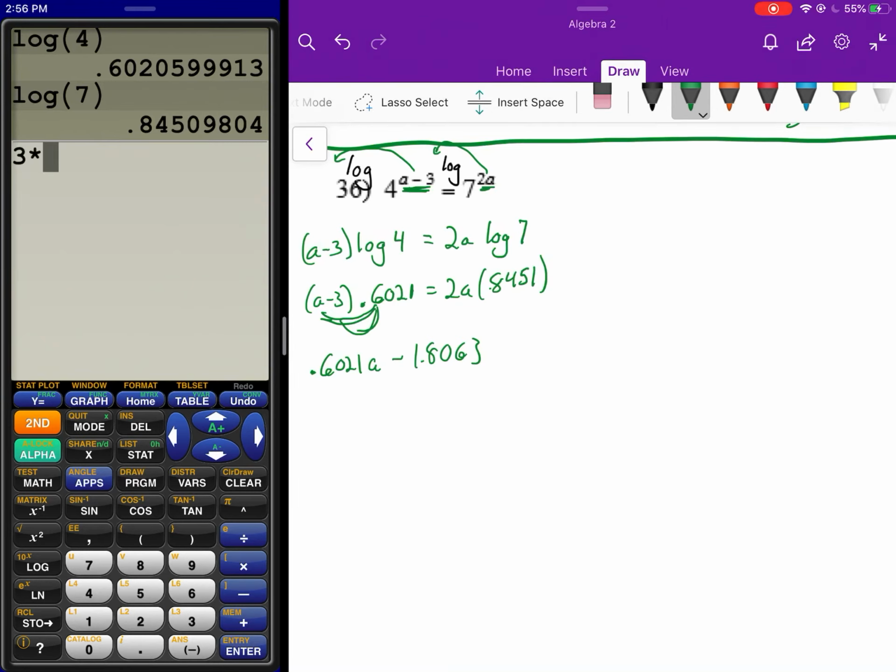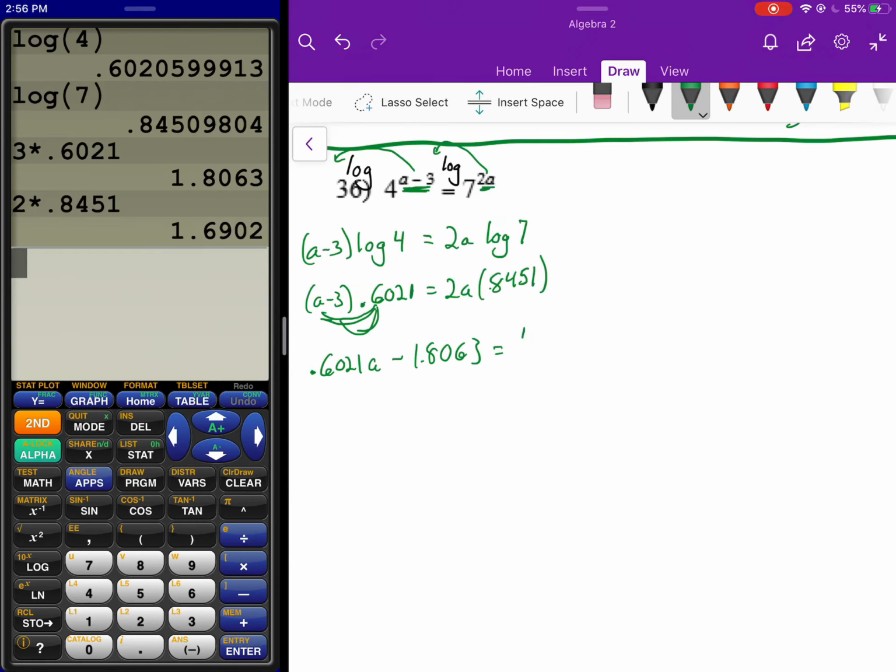So we're doing 3 times 0.6021. And there we have it. Multiply over here. We're going to do 2 times 0.8451. Gives us 1.6902a. So we have the a there. And now we're going to solve. And the rest is pretty simple.